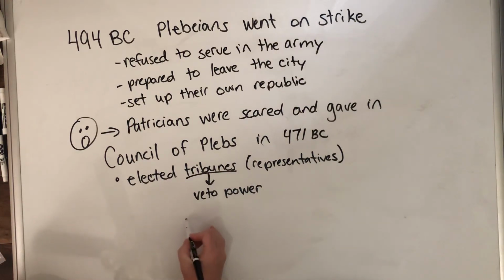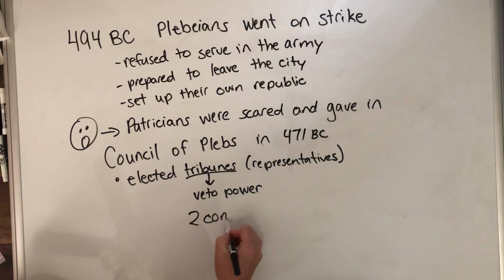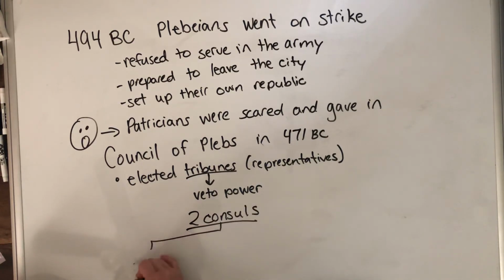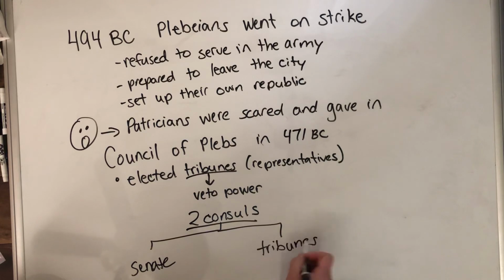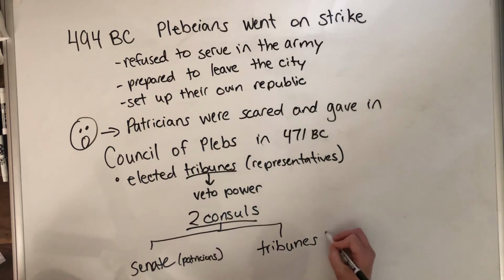So now we have the two consuls and we have the Senate and we have the tribunes. All right, so we have the patricians and the plebeians here.